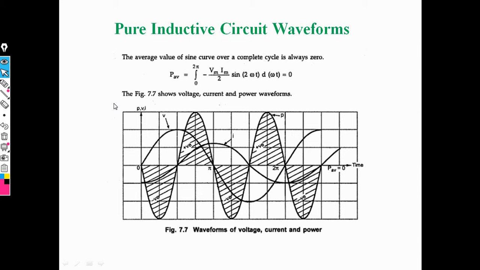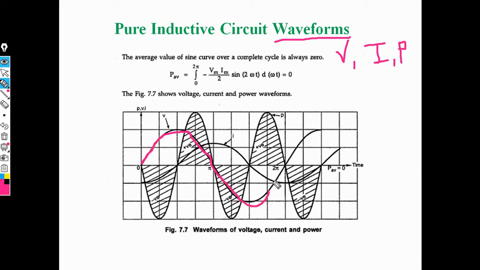So now there are three waveforms. We have explained the concept of the pure inductive circuit waveform, and this waveform consists of three waveforms: first is voltage, the second is current, and the last one is the power. This is the voltage waveform.